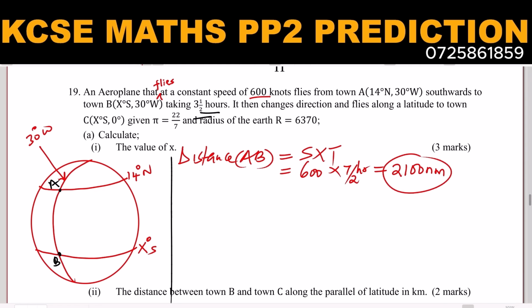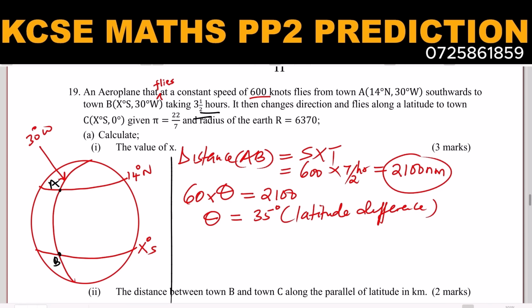Because this is the distance along the great circle AB, you get it by taking 60 multiplied by theta, where theta is the latitude difference. This should give 2100. Therefore theta is equal to 2100 divided by 60, and this will give 35 degrees. So 35 degrees is the latitude difference.